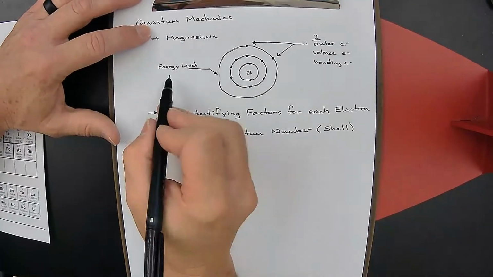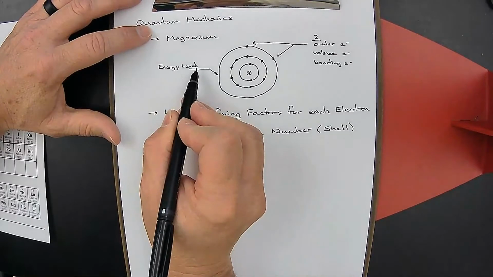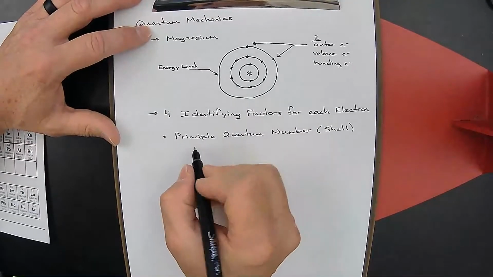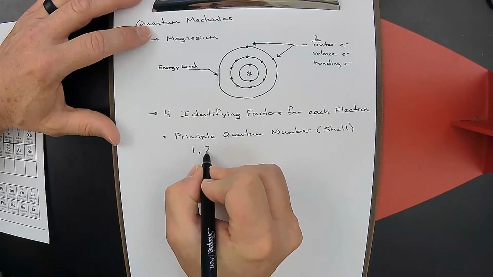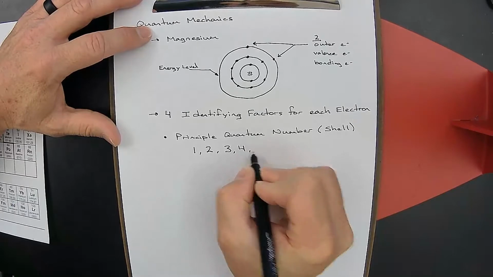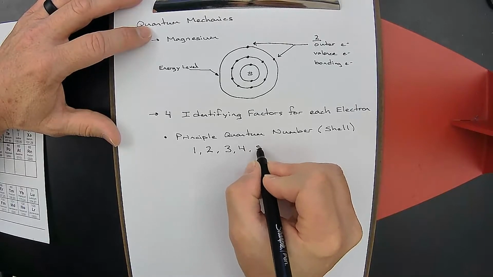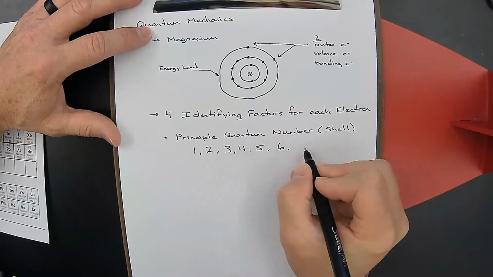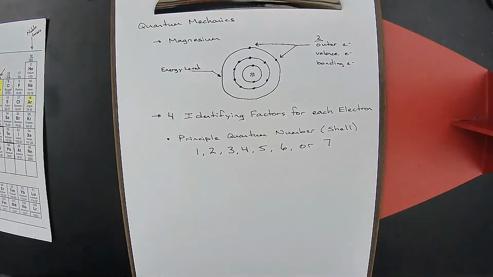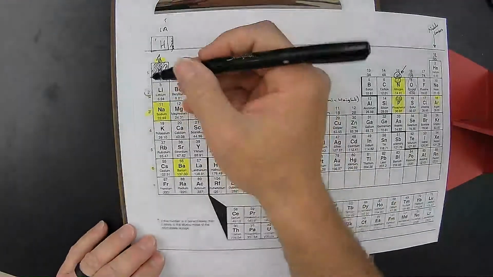I will sometimes accidentally refer to it as the energy level, but technically it is called the shell. And you can have 7 different principal quantum numbers, and you will see why I accidentally referred to it as the energy level. Previously, we spoke about the energy level as being the row number.